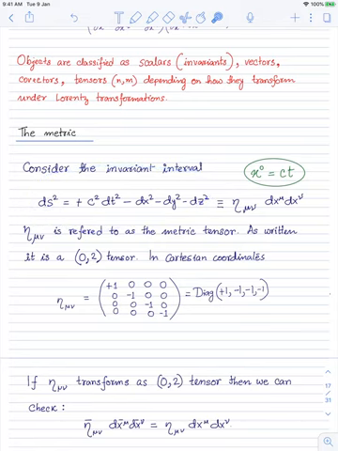Again, a quick thing to check: as long as these indices are contracted, by contracted I mean they're set equal and summed over, with lower and upper indices, then you can safely say that this object is invariant.